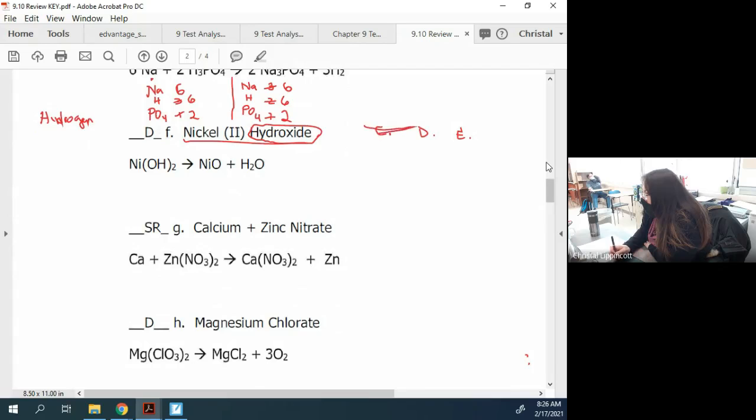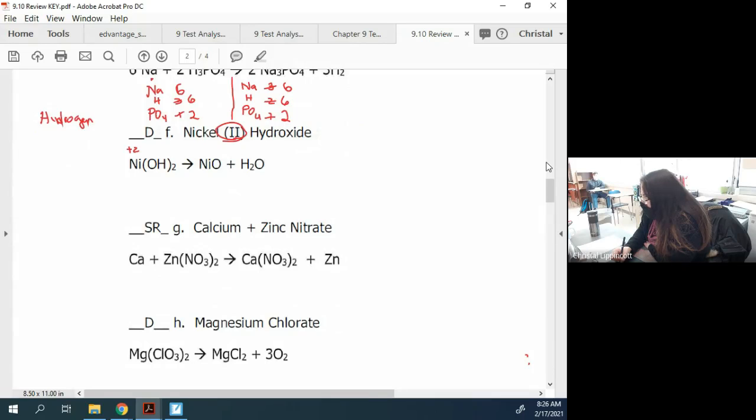Oops, I thought I had an eraser there. E says on our reaction type sheet for hydroxides... Okay. When I pull that up, it says that I am going to have nickel hydroxide. This is a +2. I know it's a +2 because they told me right here. They told me the oxidation number in the formula. I don't have to guess it.